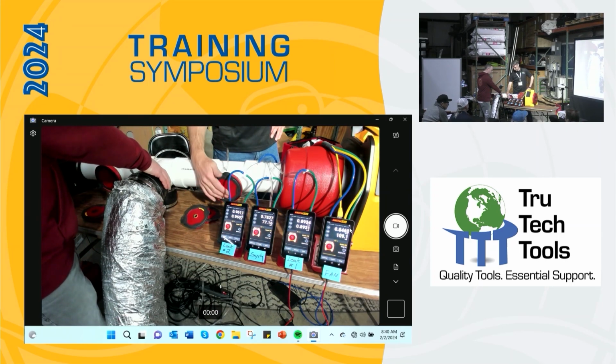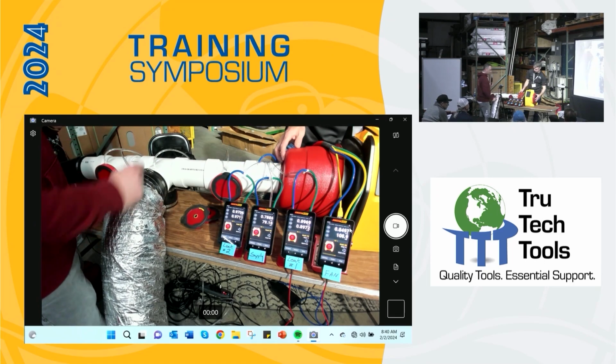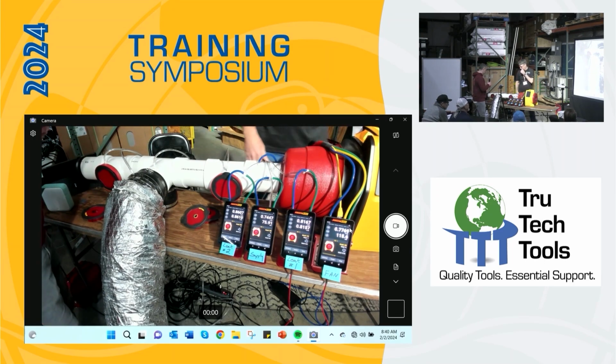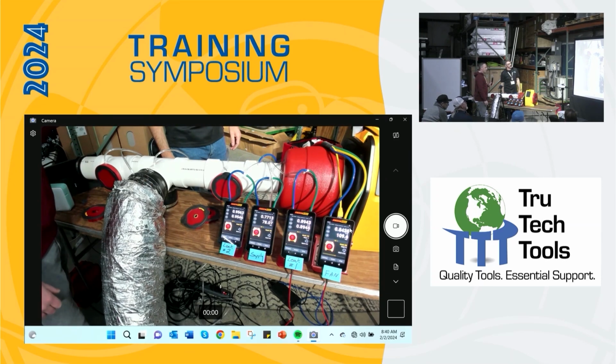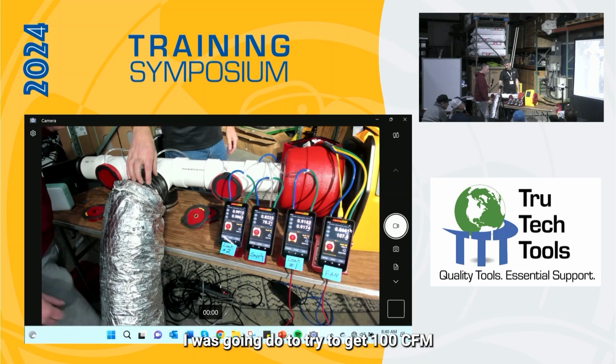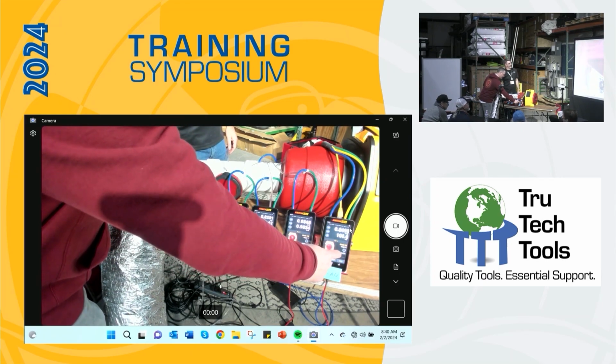Yeah. So we're at 78 CFM going through here. Is that where we wanted to go? I was going to try to get 100 CFM. Okay. Take your foot off it, John.